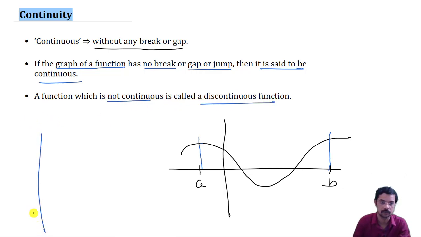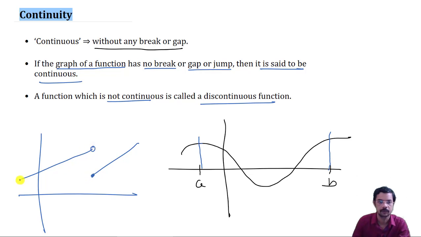Say for example, this is the y-axis, this is the x-axis, and there is a graph like this. For some values it is defined like this, and then for some values it will be something like this. At this point it is not defined, but it is defined here.